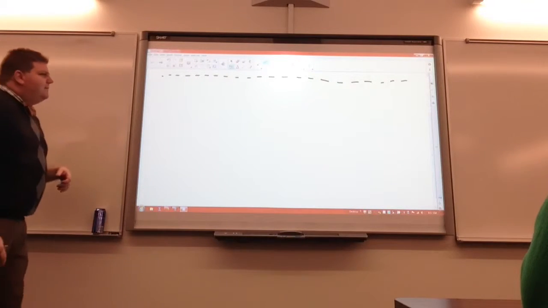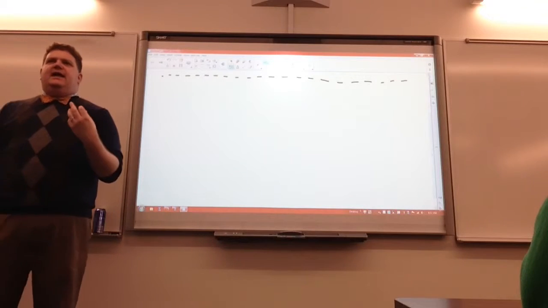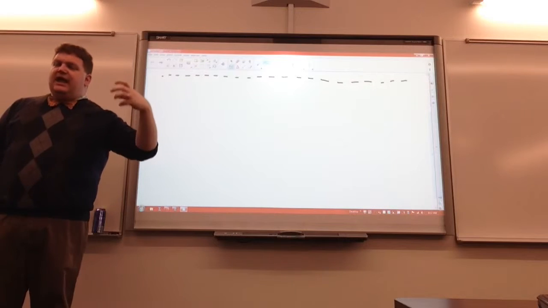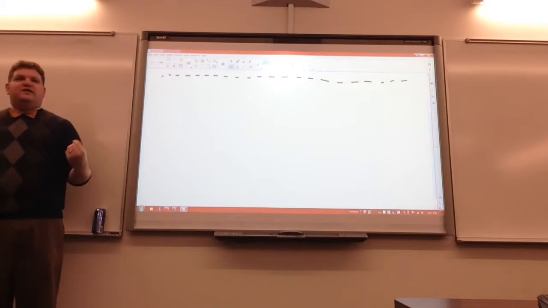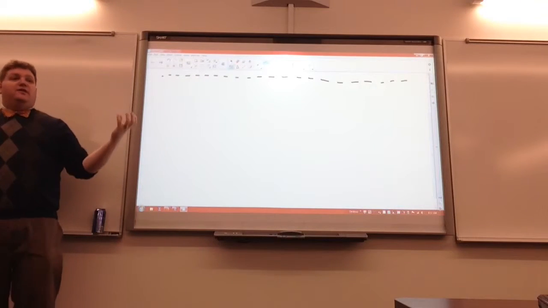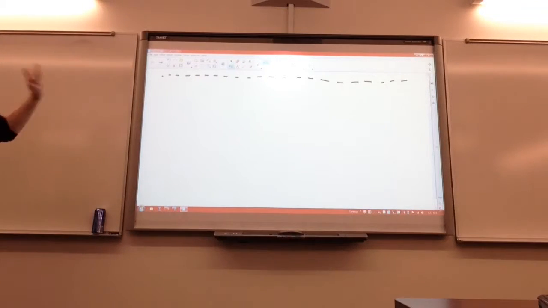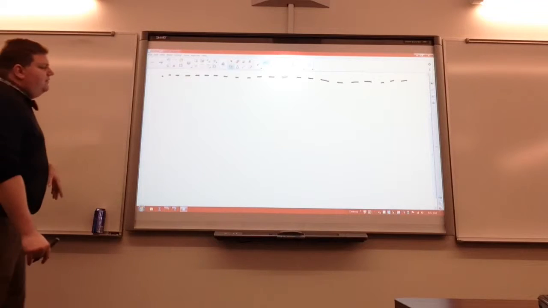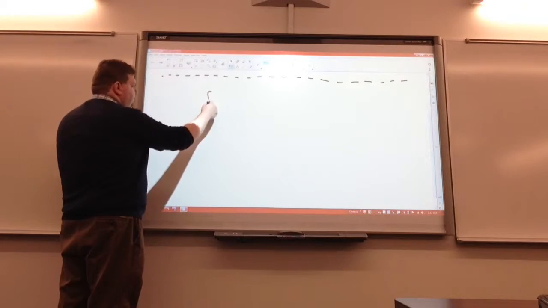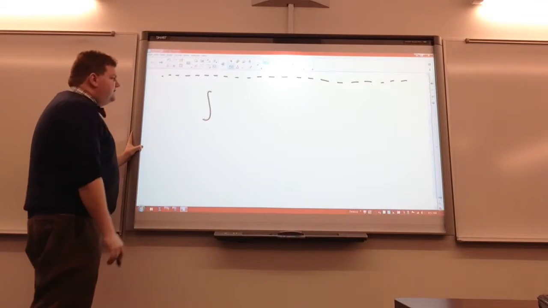The integral is a notation used to describe how to do an antiderivative. There are two types of integrals we're going to see: indefinite, which we're going to deal with today, and tomorrow we're going to see definite integrals. We're going to start with indefinite. The notation for integrals is this funky looking S symbol.